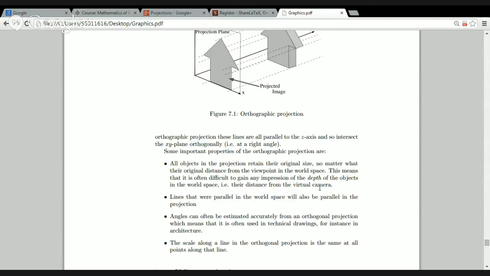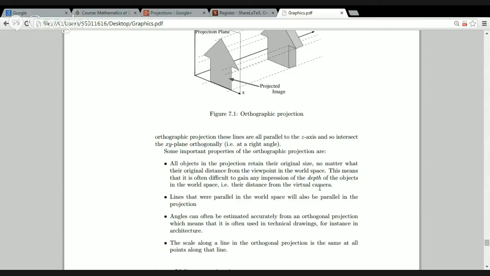Okay, so you can often measure angles accurately on the projection, and they'll correspond to the angles in reality in the three dimensions. And for that reason, and the reason that it preserves size and parallel lines, orthographic projection is often used in technical drawings or architectural drawings.